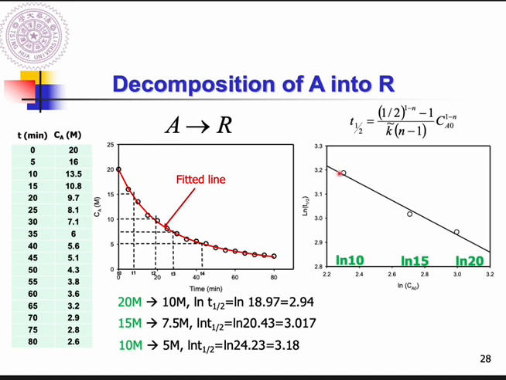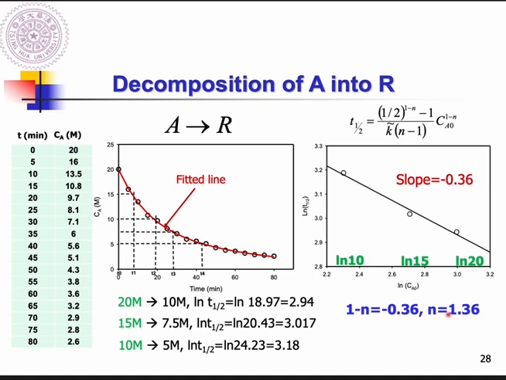And this one is 3.18, and the horizontal axis will be log 10. As long as I get these three data points, after fitting I get the slope of minus 0.36. Based on the equation you learned, the reaction order will be equal to 1.36.